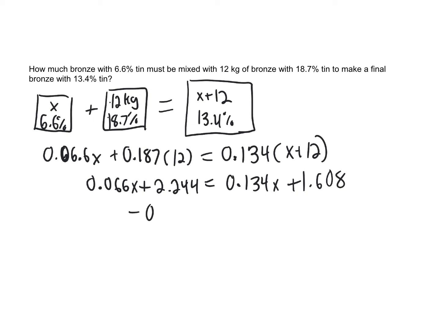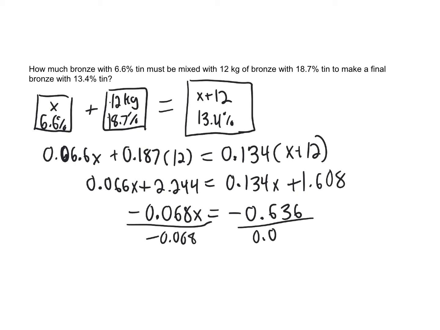We'll end up with negative 0.068x equals negative 0.636. Divide both sides by the 0.068 to get x to be approximately 9.35.